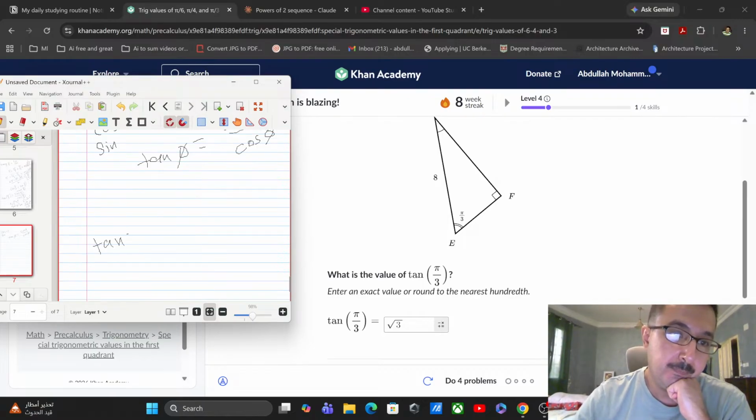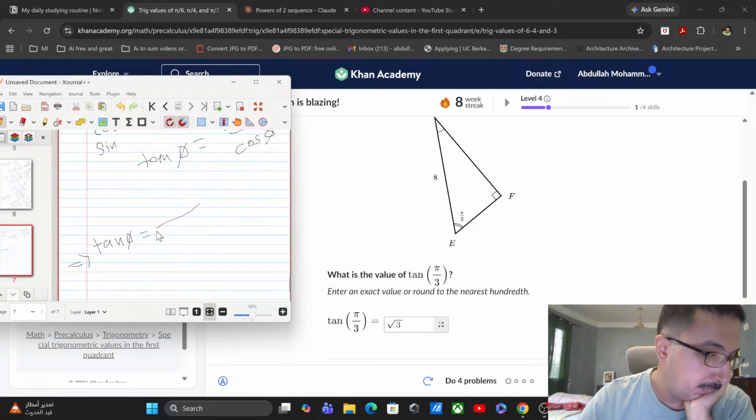equal to tan theta, which gives us, well, sine theta. Sine theta is the opposite over the hypotenuse. I forgot. And cosine is adjacent over the hypotenuse.